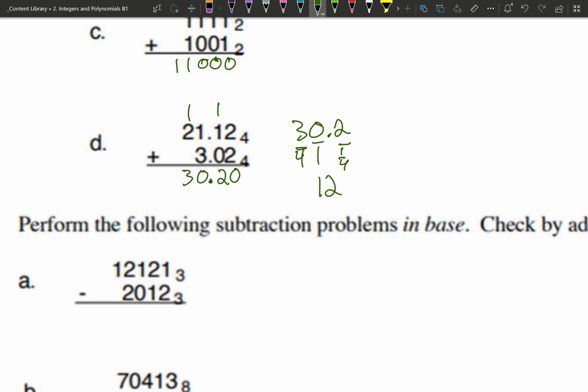We have our tenths place, so it's 1/10. Then we have our hundredths place, so 1 100th. So if we look at that as a base, it's 10 to the negative first, 10 to the negative second, and so on. So that's how it's going to work with all of our different ones. So 4 to the negative first is 1/4.